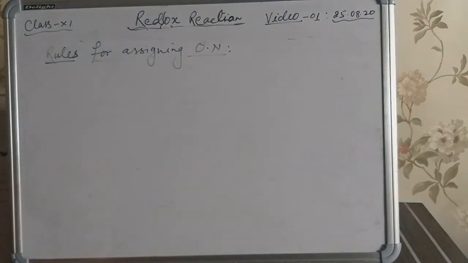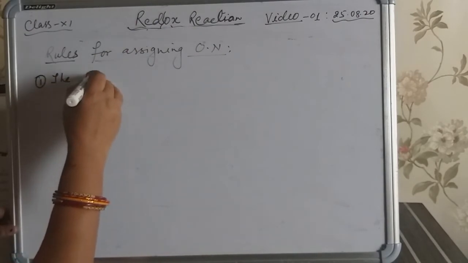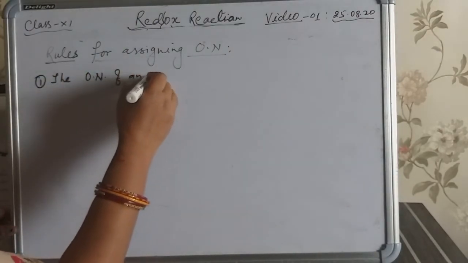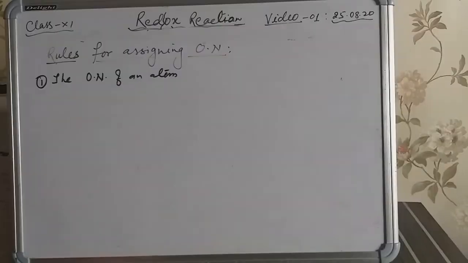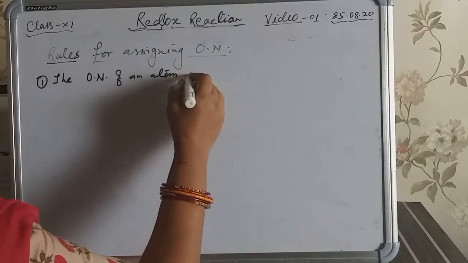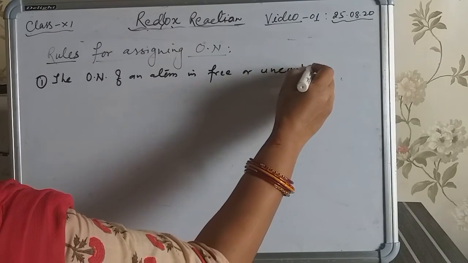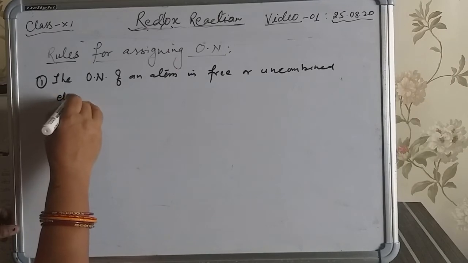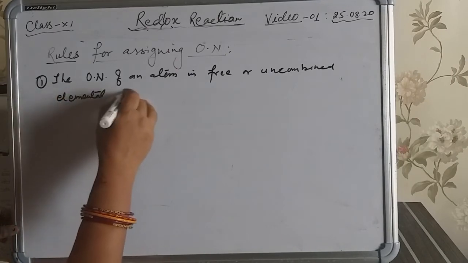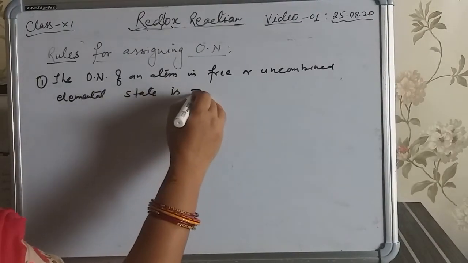First rule: the oxidation number of an atom in the free or uncombined elemental state is 0.